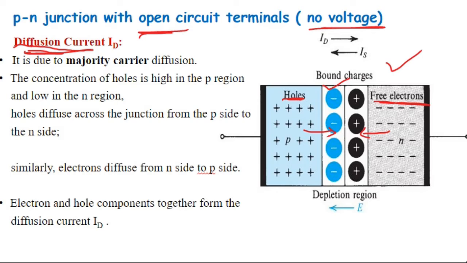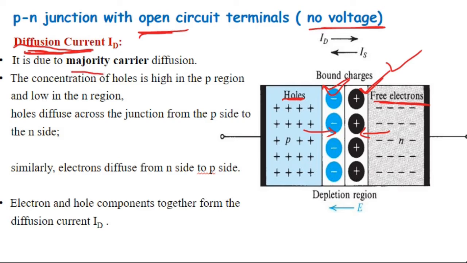Similarly, under N-type, what will happen? As electrons move from N-type, positive ions will be created. So your N-type will be depleted of electrons and positive ions will be formed, and your P-type will be depleted of holes and negative ions will be formed across the junction. This flow of electrons and holes gives rise to a current known as the diffusion current.